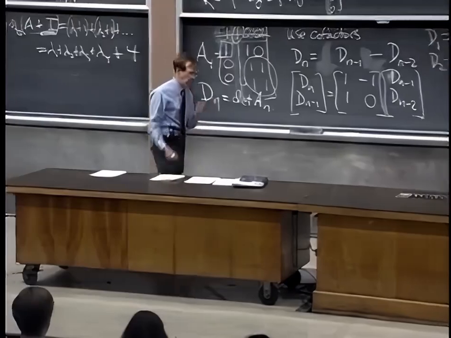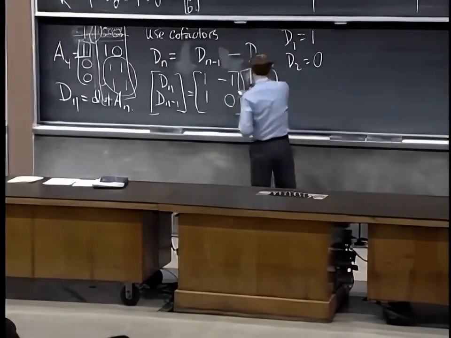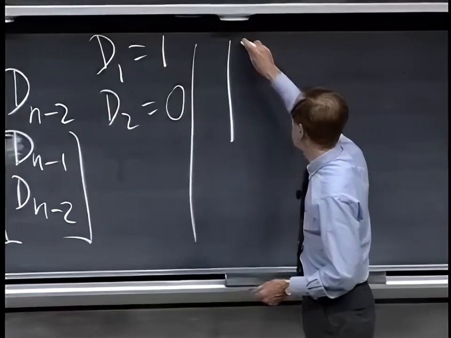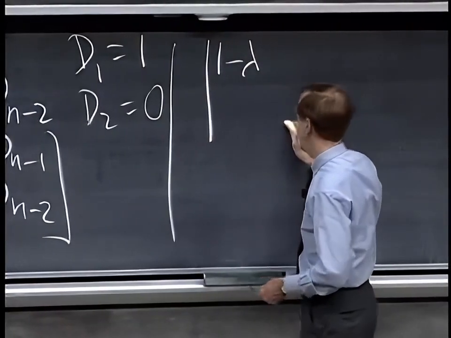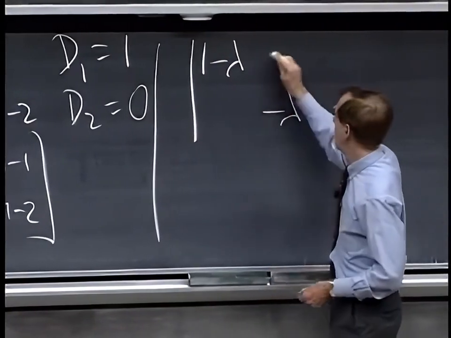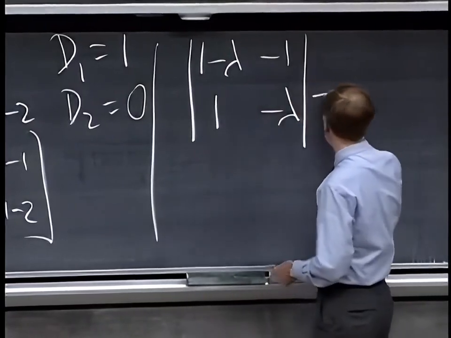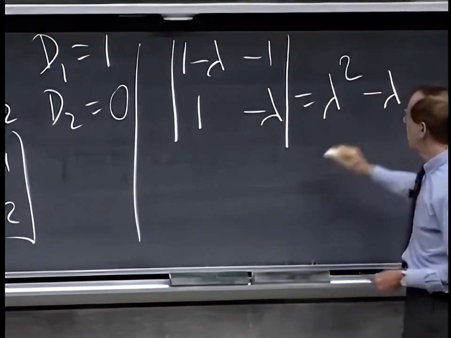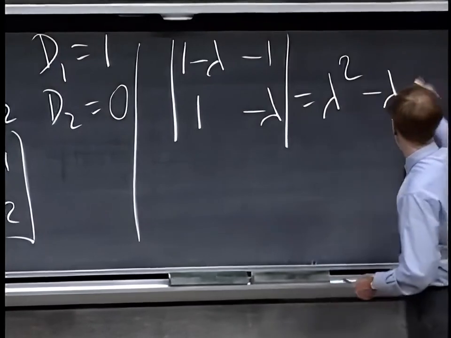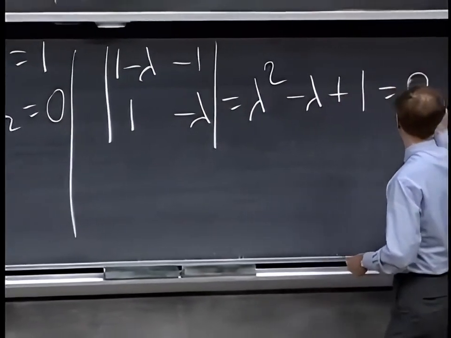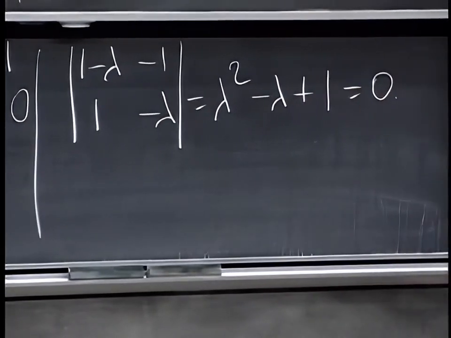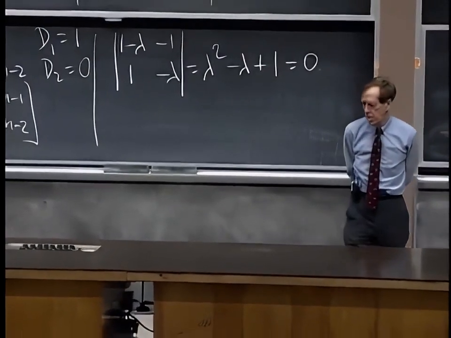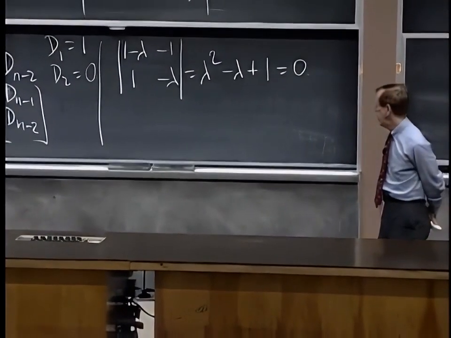Let's do it, and let's get a formula for them. So what are the eigenvalues? I look at the matrix, this determinant, 1 minus lambda and 0 minus lambda, and these guys are still there. I compute that determinant. I get lambda squared minus lambda plus 1, and I set that to 0. Okay. So we're not Fibonacci here. We're not seeing Fibonacci numbers.